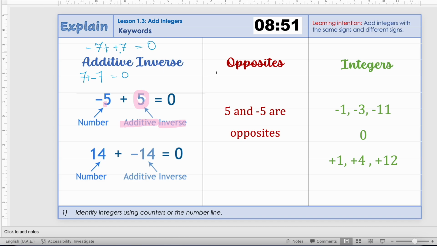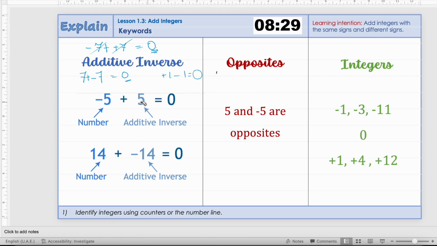Any positive and negative number that are basically the same number, if you add them, you will always get 0, always. It's basically 1 minus 1. The one is positive, the one is negative. When you combine them, you're gonna get 0. The same idea. So additive inverses are basically opposites, but you need to know why we call them opposites.